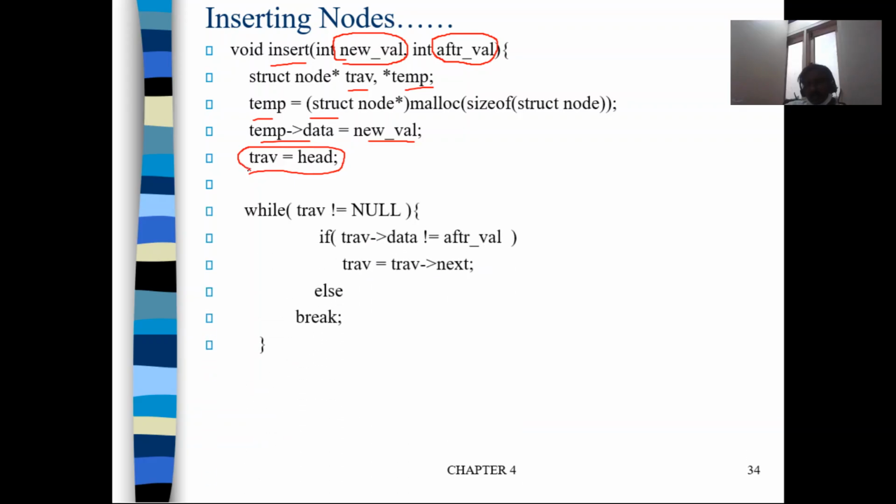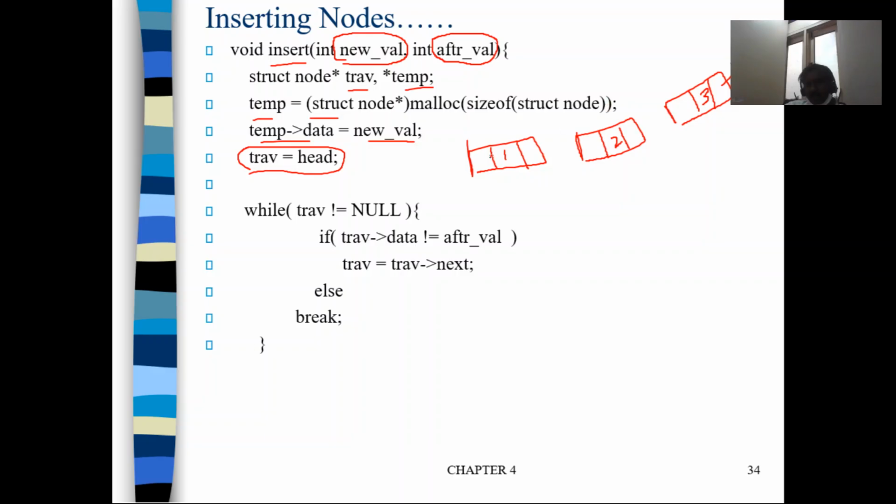Assume that the list currently contains 3 nodes, node 1, 2 and 3, in a simple case. 1 is the first node and 3 is the last node. So 3's next will point to null. I will represent null as a cross symbol.